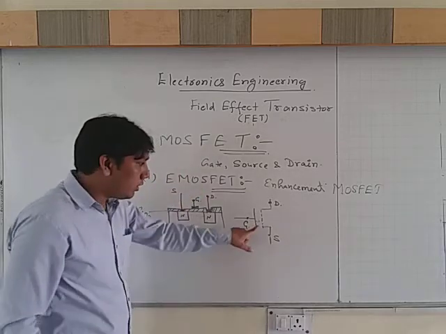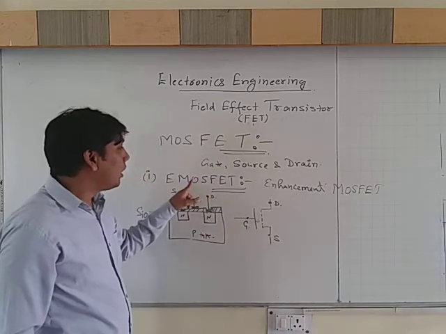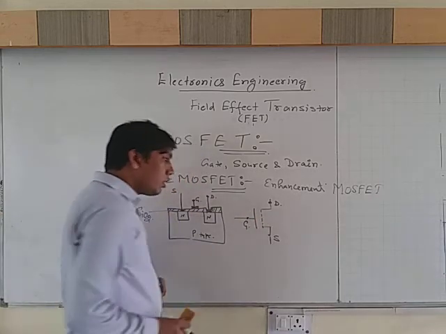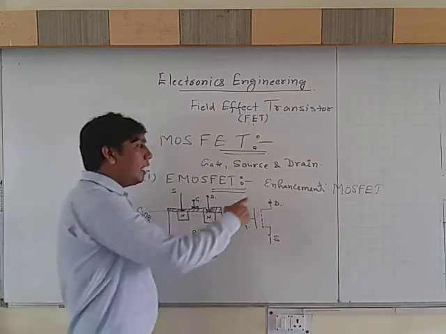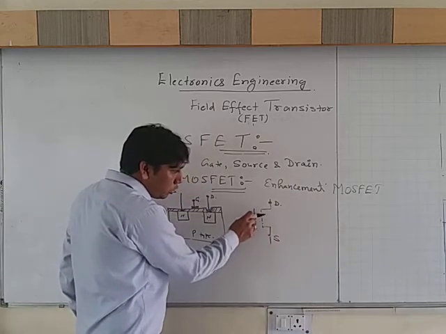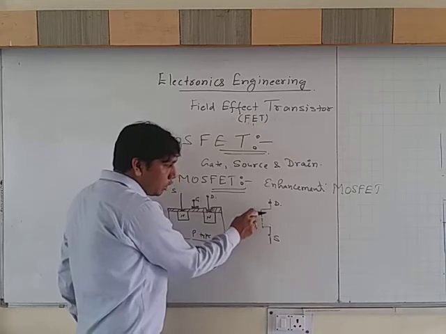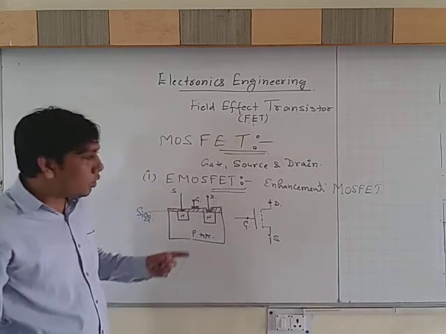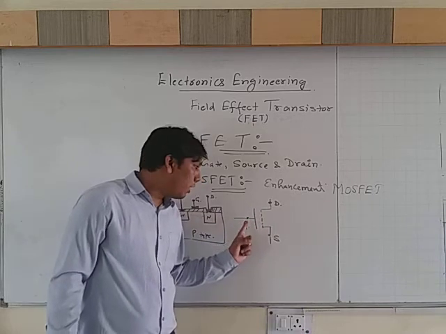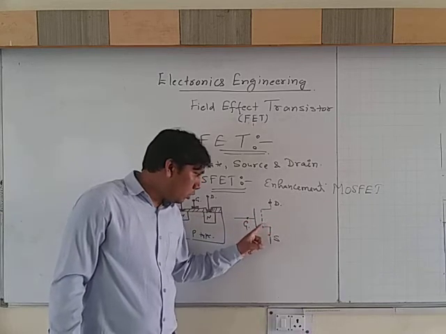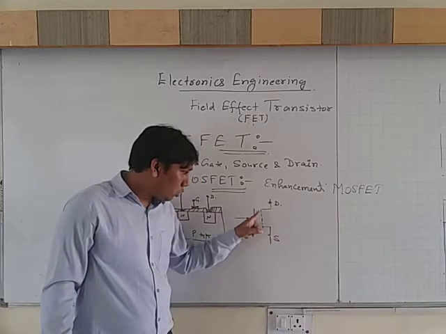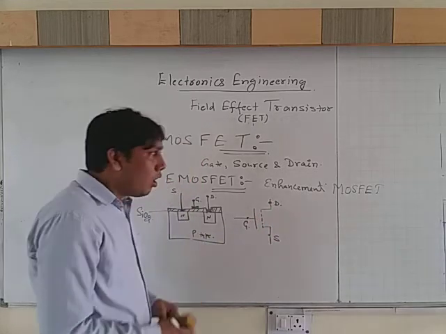That's why this gap is showing the MOSFET. And since it is enhancement, in which there is no channel, we have just shown the dotted part, that means the channel is broken and we have to just induce a connection to connect S with D. This is shown with the dotted line.